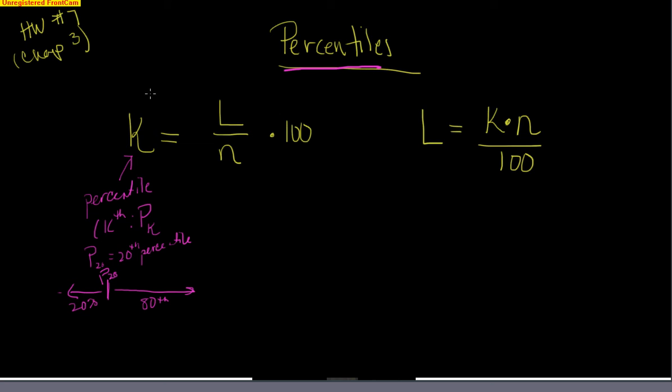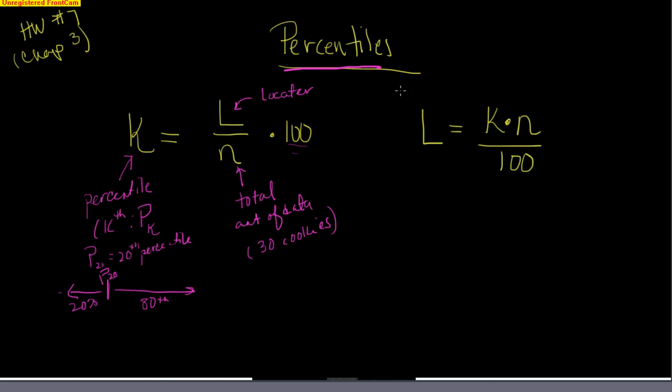So that's a percentile. L stands for your locator, and I'll get back to that in a minute. It has to do with which data value it is. N represents your total amount of data, as it often does. In this case, we're going to be looking at the 30 chocolate chip cookies, and times 100 because that has to do with the percentile.